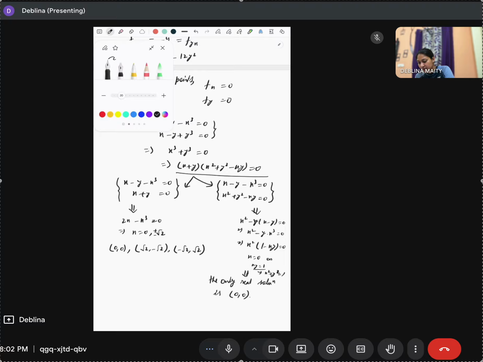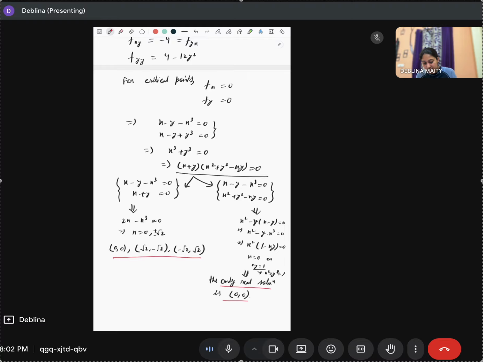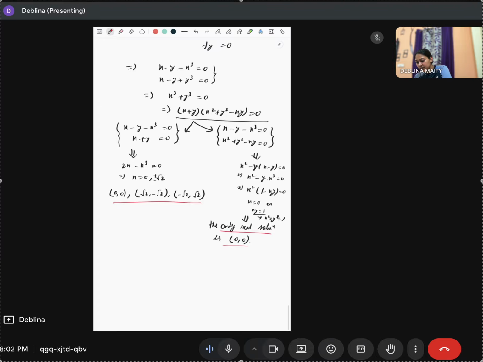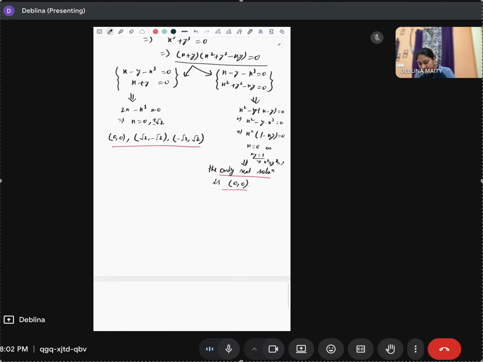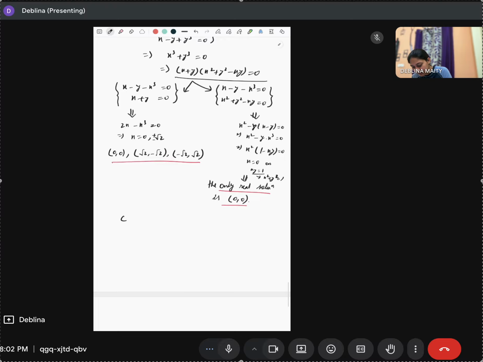Okay. So the set of all critical points is what? The critical points are 0 0, root 2 minus root 2 and minus root 2 plus root 2, right?